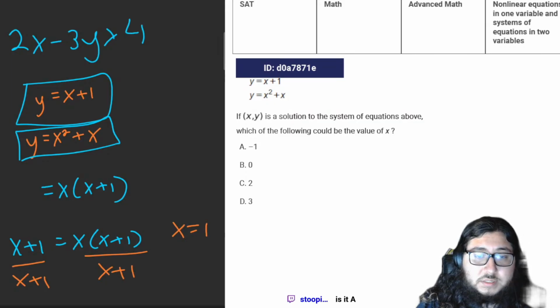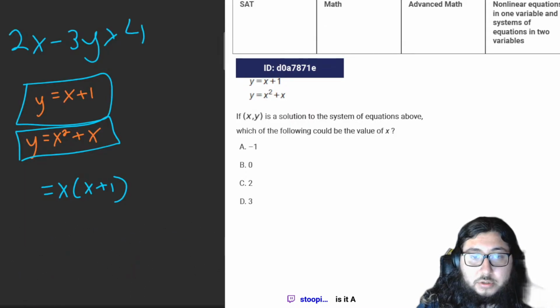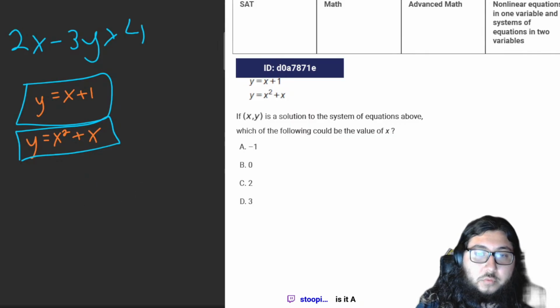Now, this doesn't appear. Is it A? I'll let you know in a second. So this doesn't appear on the answer choices. So we have to find a different solution. Another way that we could do this is by plugging in all the answer choices to find which one is going to add up to the corresponding value.